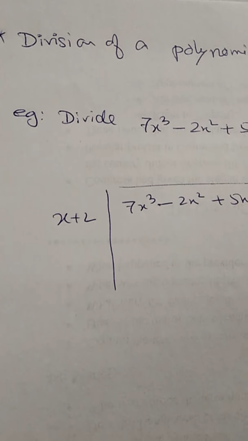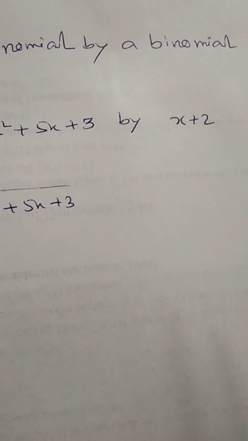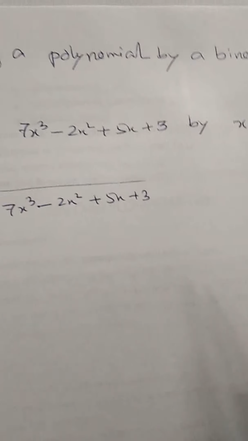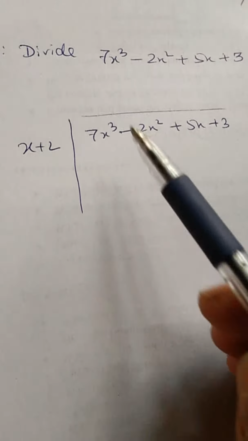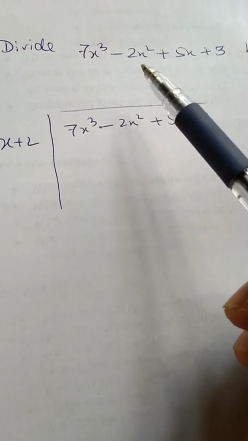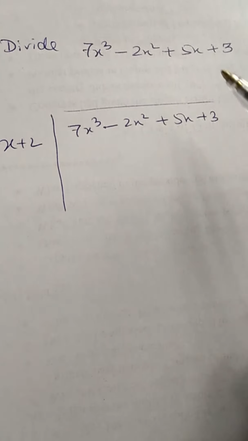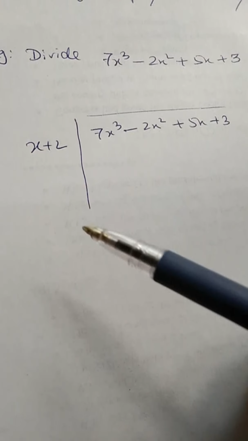Now we learn division of a polynomial by a binomial. For this, let us take one example. This is one polynomial, a cubic polynomial, 7x cube minus 2x square plus 5x plus 3. This we need to divide by x plus 2.